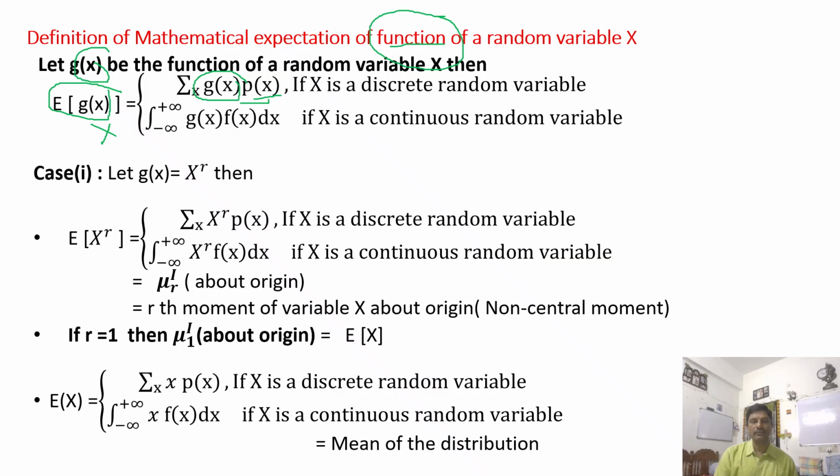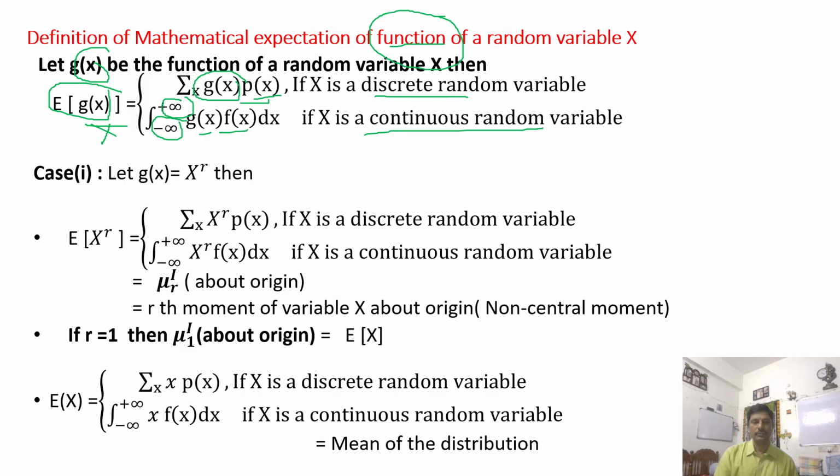So in case of discrete random variable, the expectation of the function g of x is sigma g of x into p of x. And if it is a continuous random variable, the definition is the integration from minus infinity to plus infinity of g of x into f of x into dx.